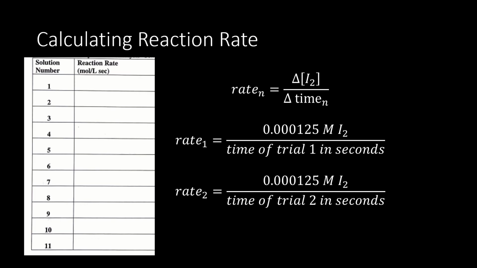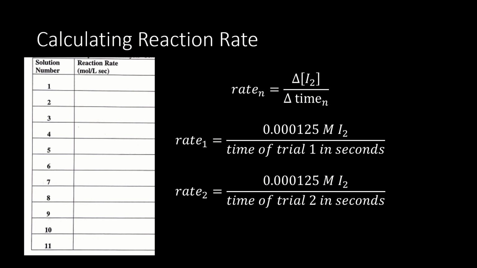Calculating the reaction rate, since what we care about is the change in concentration of I2 per time, for any particular trial the rate is just that concentration of I2, which we calculated in box 2, divided by the amount of time it took for that trial to happen, and that time would be in seconds.